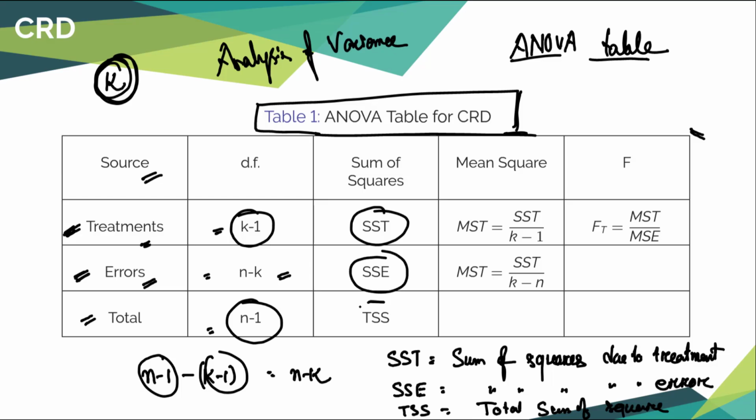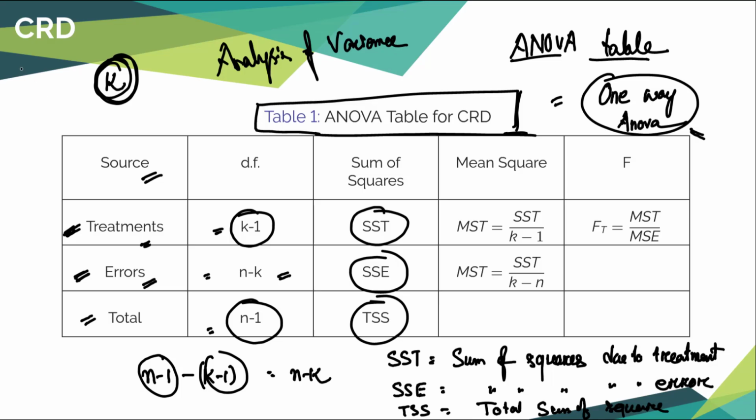So imagine this CRD, this ANOVA test. The table for CRD is also called one-way ANOVA. Just like the t-test and chi-square test, one-way ANOVA is also a statistical test.